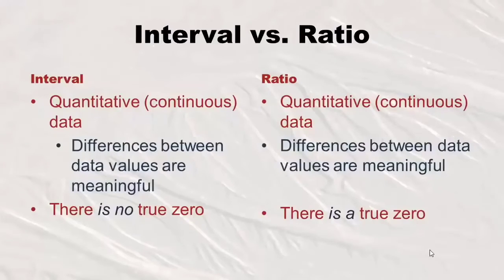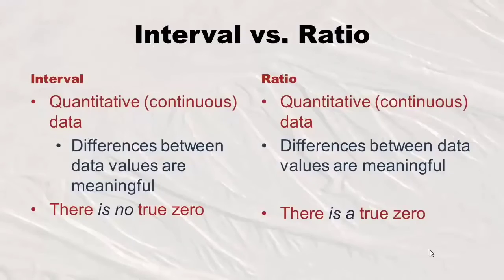An interval means kind of like a space between two things. Think of the word intermission as an interval, an interval of time during a show where you get up and go to the bathroom and get some coffee. So if you have something that's a space in between, it's not going to have a zero. It doesn't really start anywhere or end anywhere.